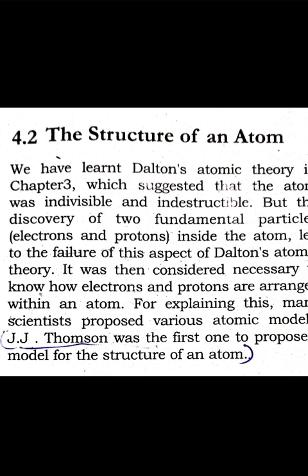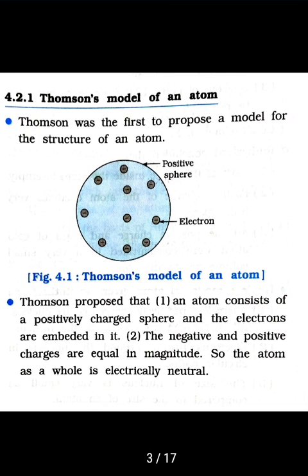The first one to propose such a model for the structure of atom was J.J. Thomson. Thomson proposed the model of an atom to be similar to that of a Christmas pudding. The electrons in a sphere of positive charge were like the dry fruits in a spherical Christmas pudding.